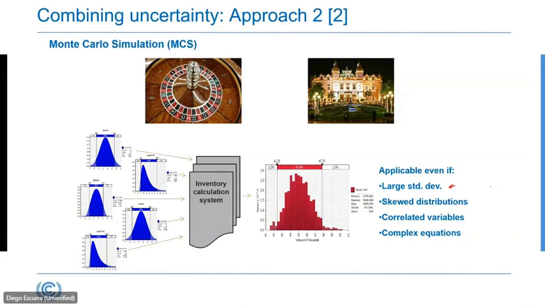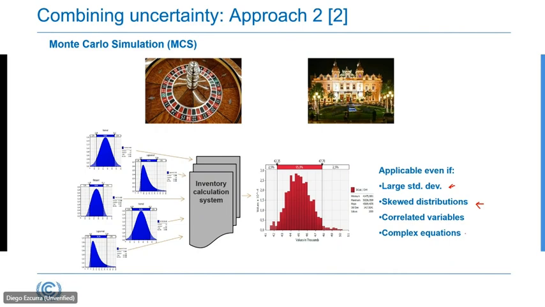We don't care if values are correlated, or in reality, we can explicitly model any correlation between two variables. And we don't care if we have complex equations that are not multiplication or addition. If we have powers, sines, cosines, exponentials, logarithms, whatever equation we have, we don't care.